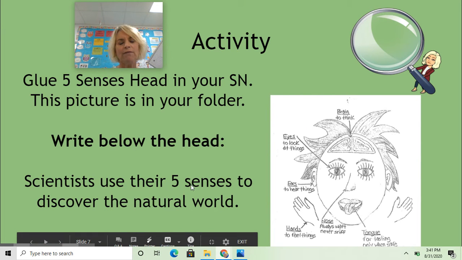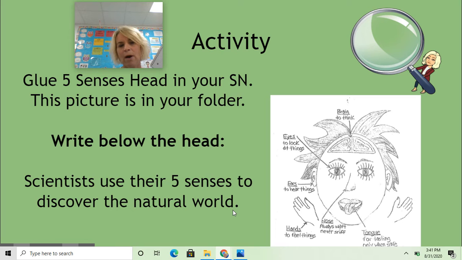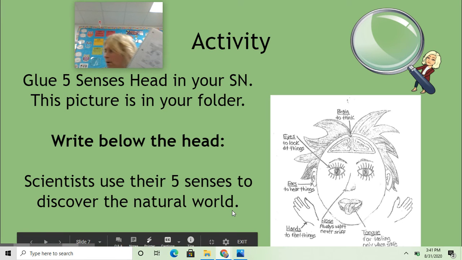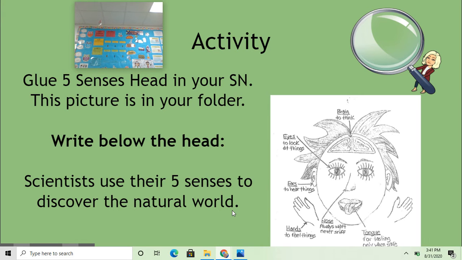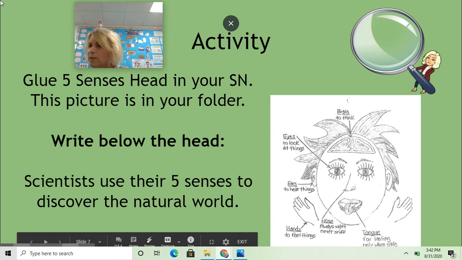Scientists use their 5 senses to discover the natural world. So, pause the video, and while you're doing that, I'm going to grab my pen so I can write it down. Okay, so we want to write at the bottom after we glue it in, and just glue it on the next clear page.